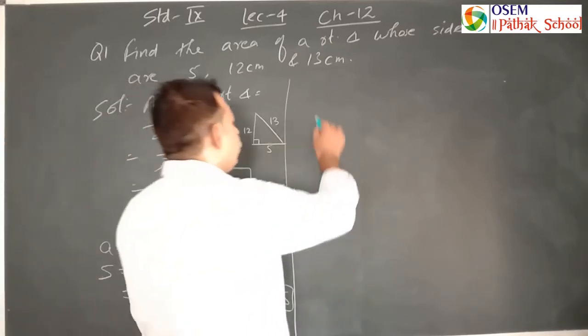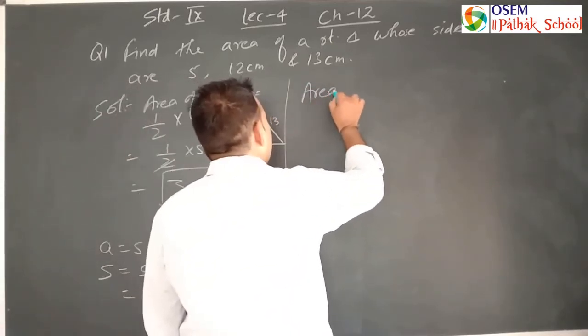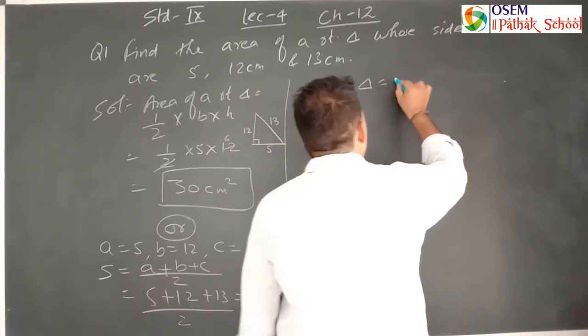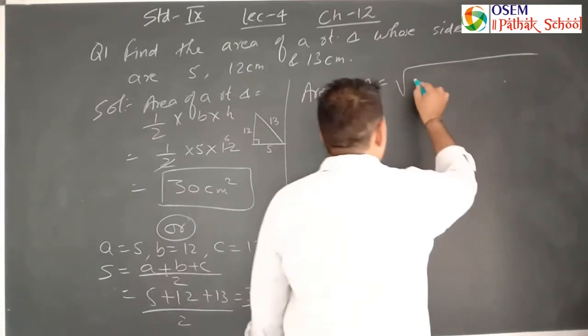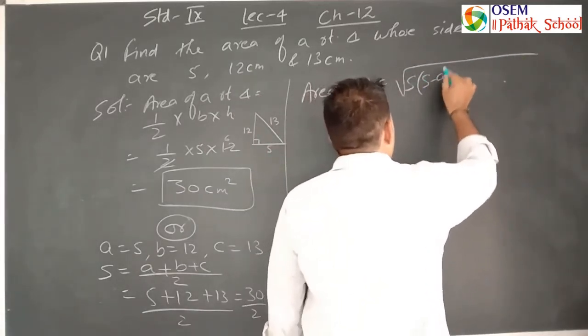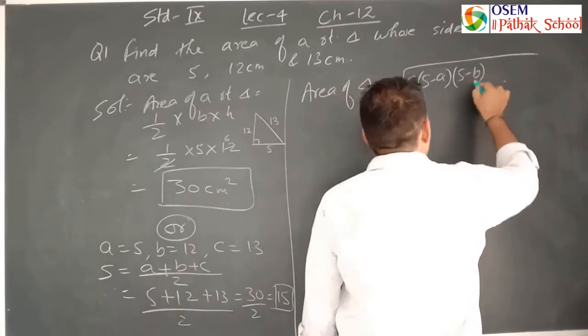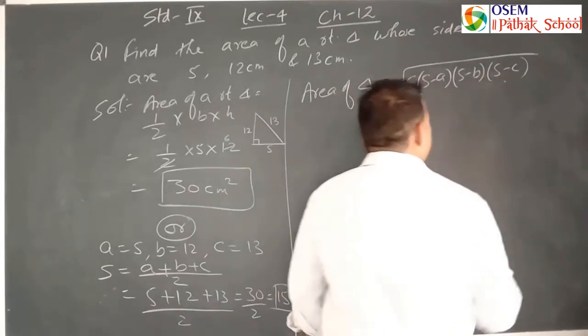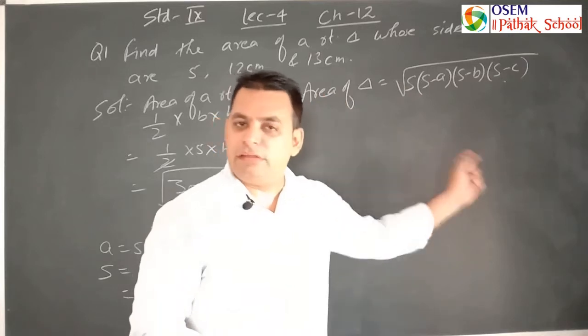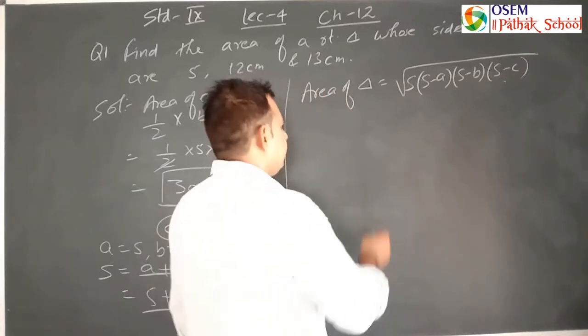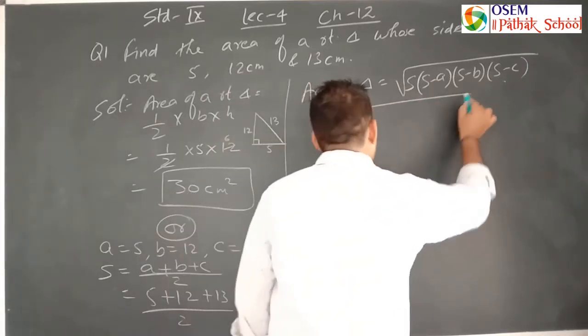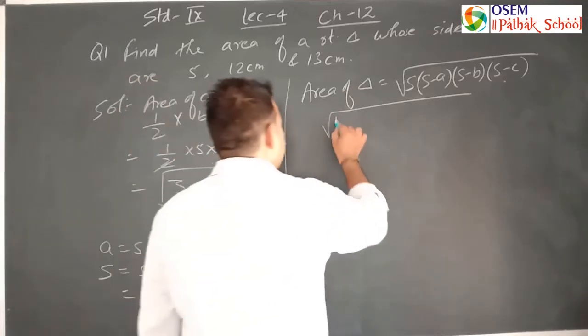Now applying Heron's formula. Area of triangle by Heron's formula is root of S into (S minus A) into (S minus B) into (S minus C). This is Heron's formula. The value of S is 15.